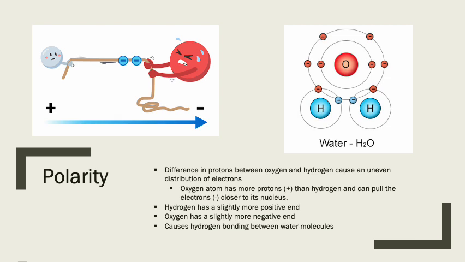So the hydrogens tend to be slightly positive and the oxygen tends to be slightly negative just because the distribution is not even. It's a neutral molecule, but the distribution of the charges is not even, making it slightly charged on either end. So this causes water molecules to easily attach to each other because there's a magnetic attraction between the positive and negative of different molecules.